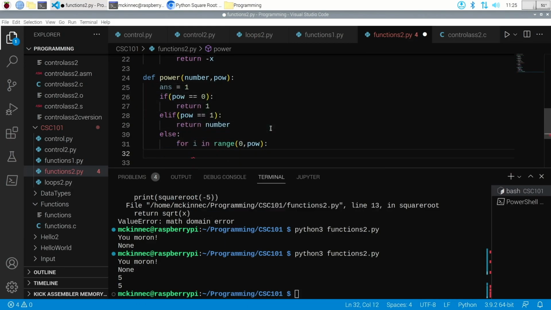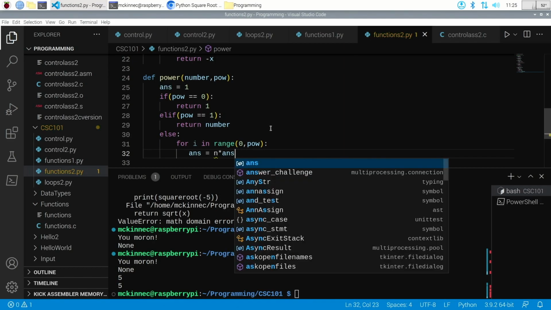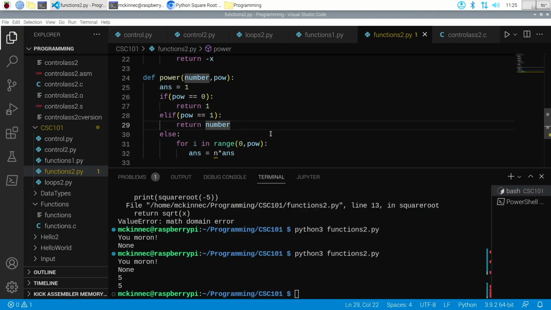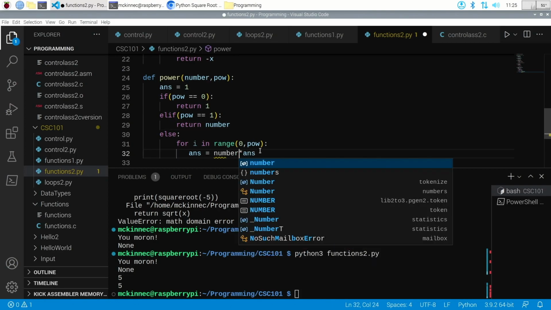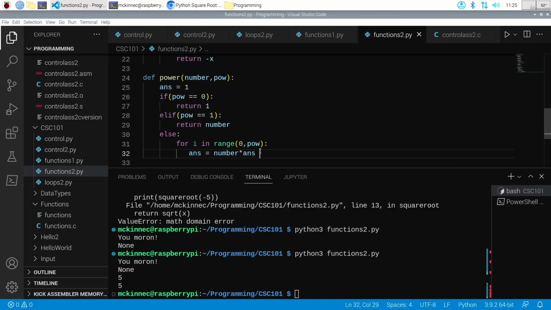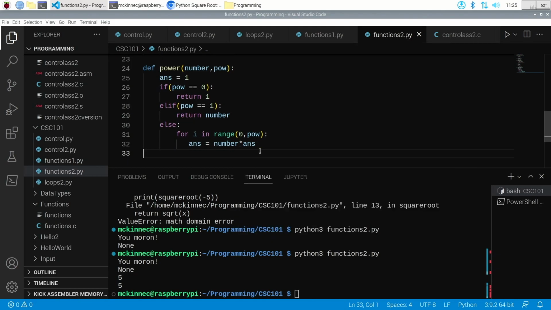That'll become clear in a moment. Could I do something like this? Oh, it's not n, it's number. Okay, so what is this going to do?